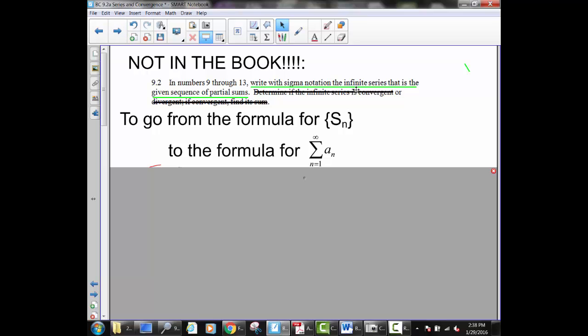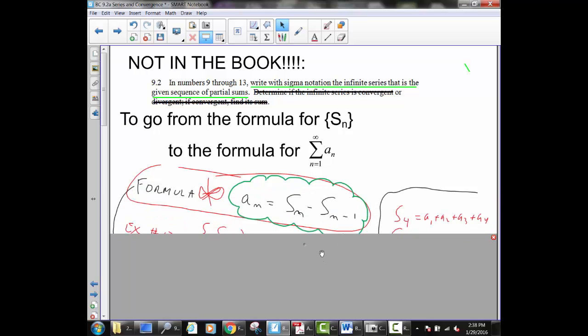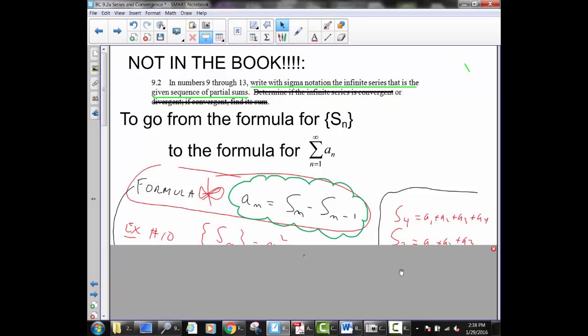Now, to answer the first part of the question, which is to go from the formula for the sequence of partial sums to the formula for the series, the corresponding series, this is not in the book, so make sure you know this formula. The an, which we're looking for, is going to be the Sn, which we were given, minus S of n minus 1.